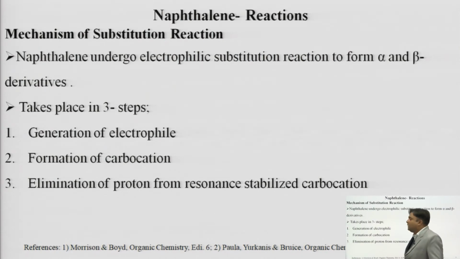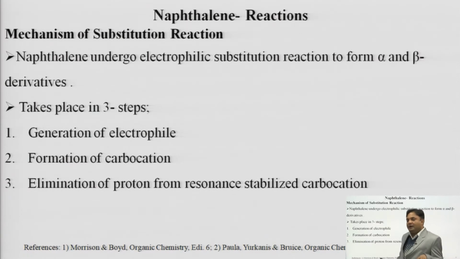First of all, we discuss the mechanism of the electrophilic substitution reaction in naphthalene. We all know that electrophilic substitution reaction mainly takes place in 3 steps. First is formation of carbocation and second is removal of the proton.